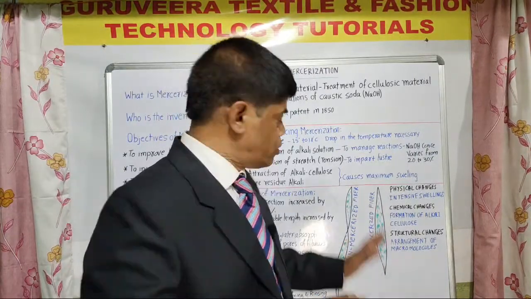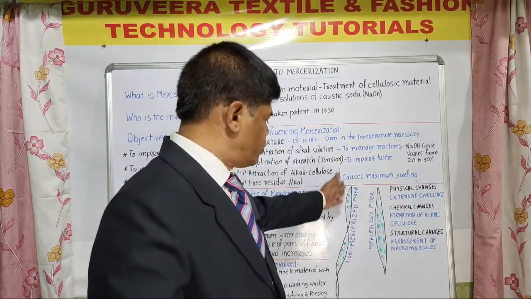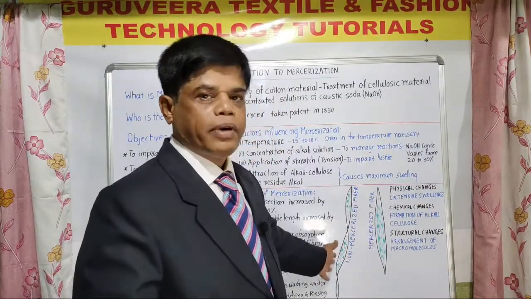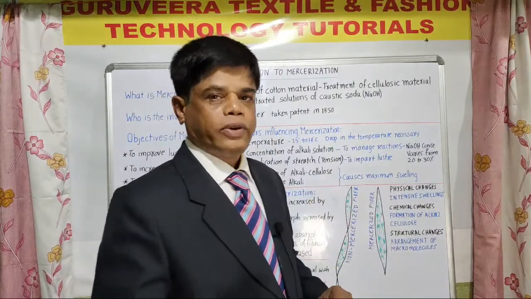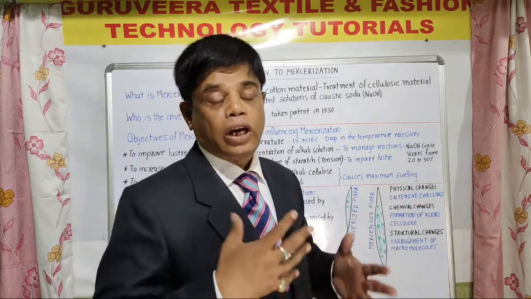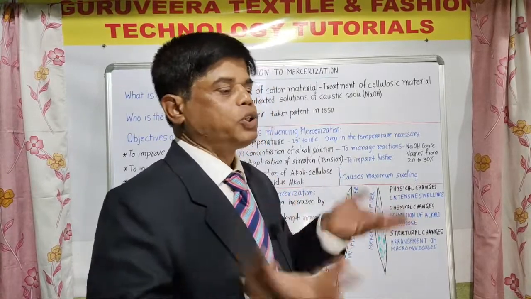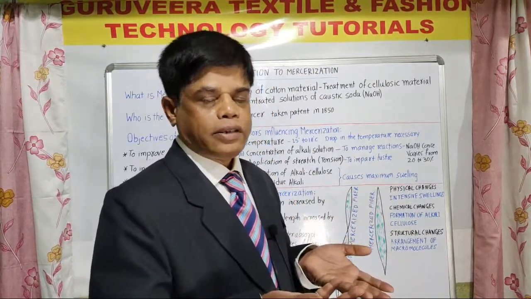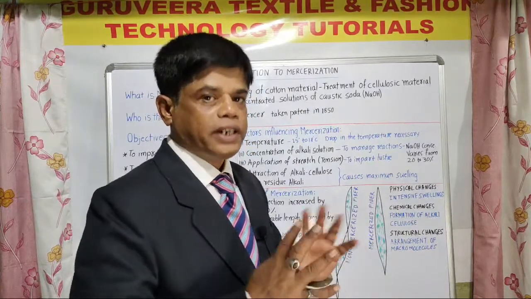Whatever macromolecules are there inside this flat ribbon fiber all react with the caustic soda, and then it becomes alkali cellulose. That alkali cellulose makes the fibers swell. This is the physical shape.